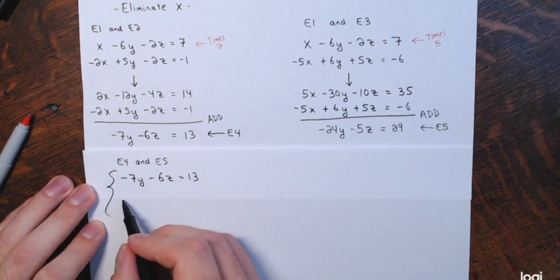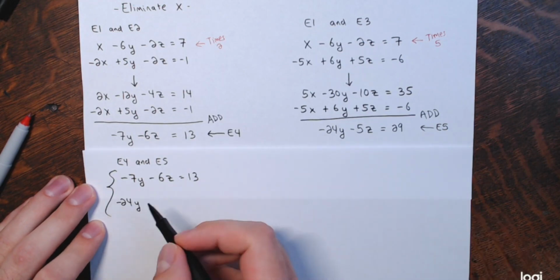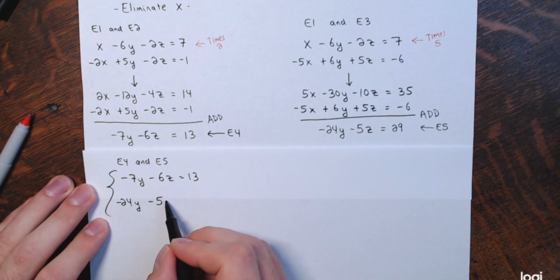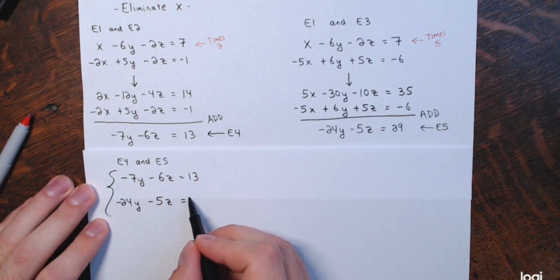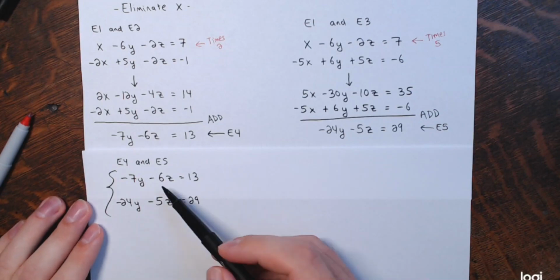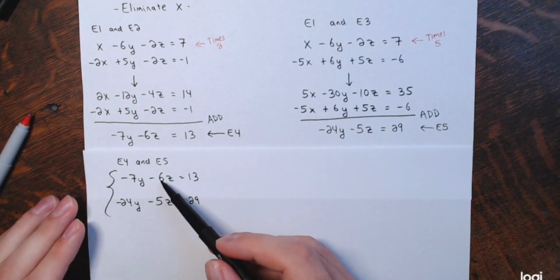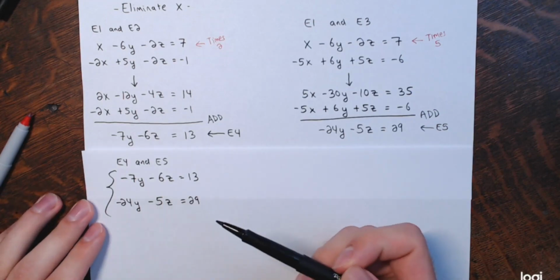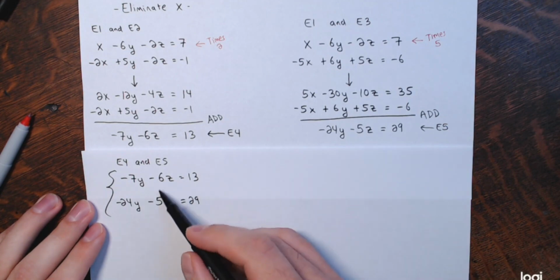And then the other one, negative 24y minus 5z equals 29. Okay, now looking at these two, I feel like the smaller magnitude numbers are on the z's. So I'm going to eliminate z.